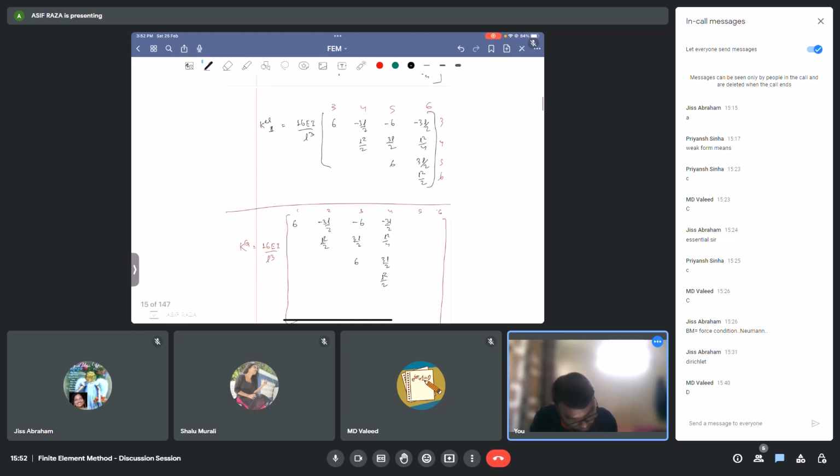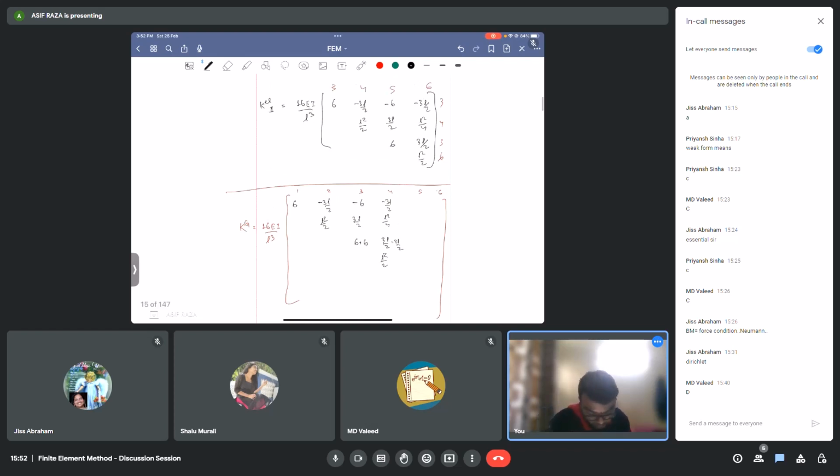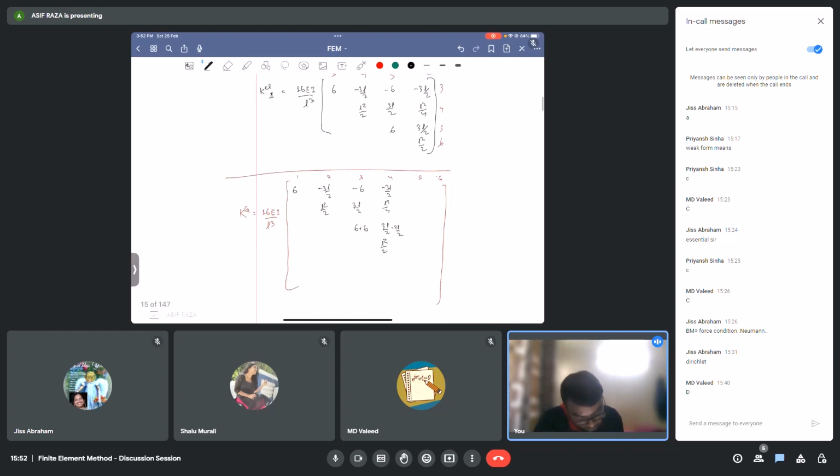Plus, it will be equal to plus 6, minus 3L by 2, and here it will be minus 6, minus 3L by 2, L squared by 2, 3L by 2, L squared by 4, 6, 3L by 2, L squared by 2.